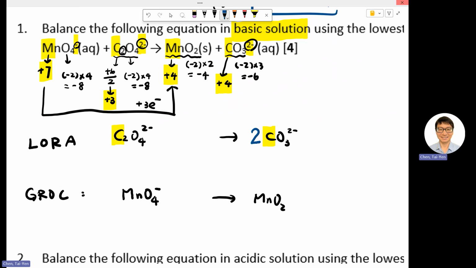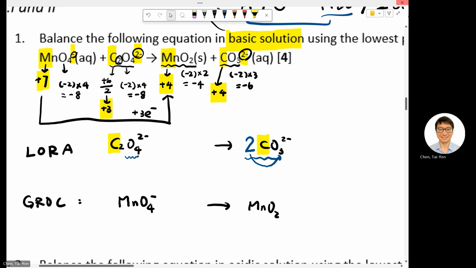Okay, so by doing that, the carbon on both sides is balanced. Then we start to compare the number of oxygens on both sides. Here, you have 4 oxygens, and then on your product side, you have 6. Therefore, on the product side, you have 2 more oxygen.